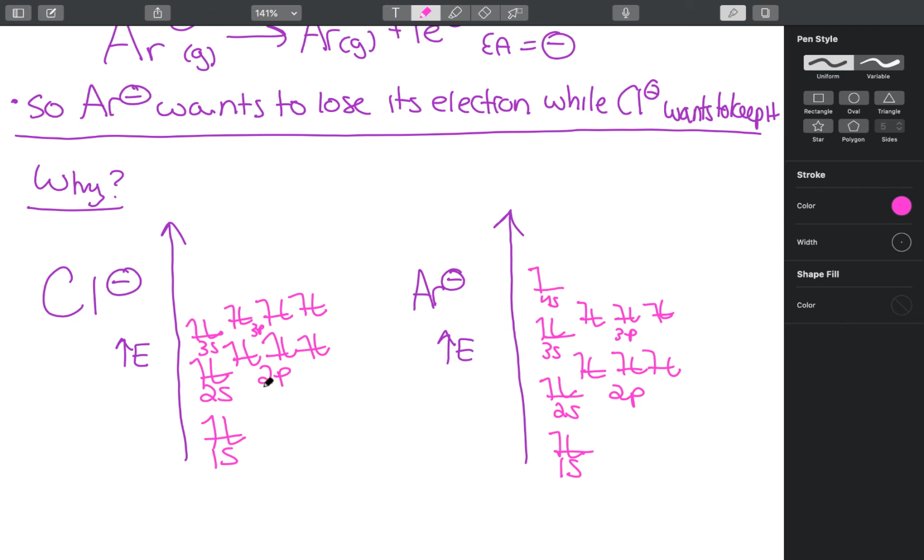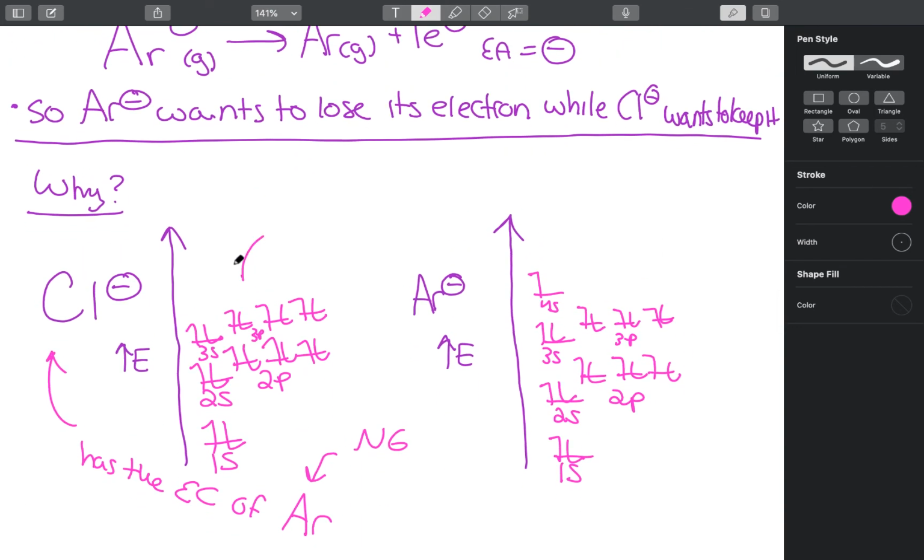So this is the electron configuration of the chloride ion, which is the electron configuration of argon. And argon is a noble gas, and noble gas electron configurations are very stable.